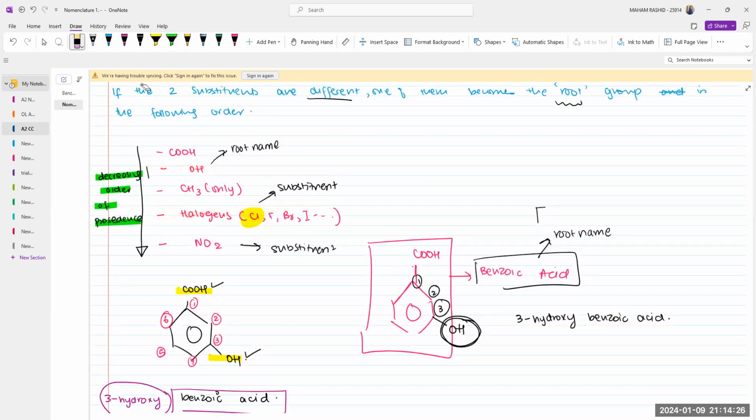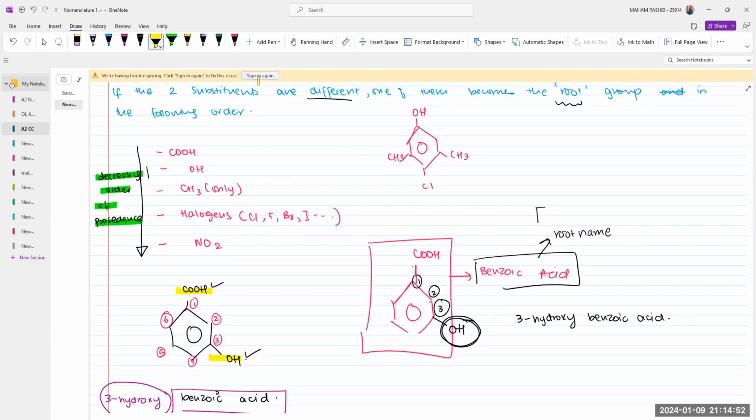So in this case, we're going to be looking at the order of precedence, which is this. Now, what were the substituents that that compound had? That compound had a hydroxyl group, two methyl groups, and one chlorine, right?